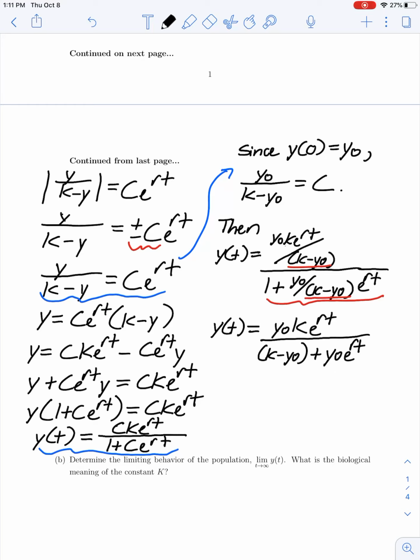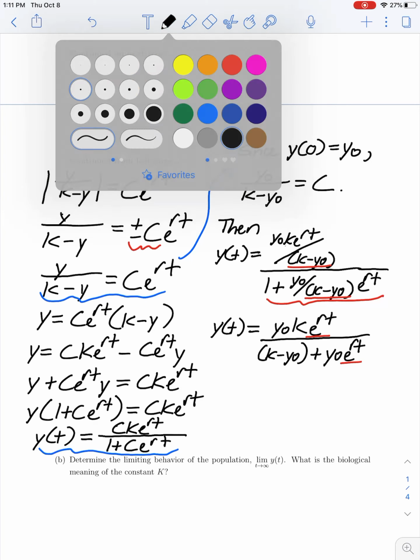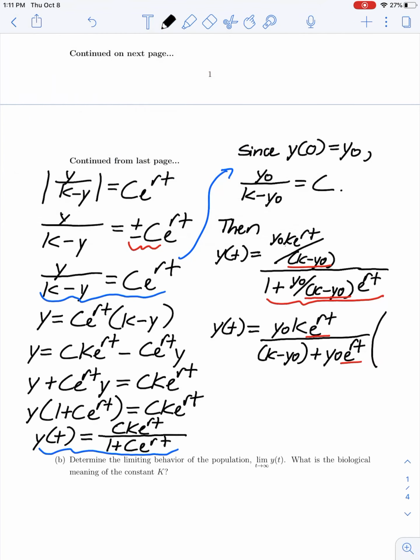And what you'll sometimes find people will do to simplify this expression a little bit further is the following. We notice that we have in the numerator and denominator expressions involving e to the rt power. So to simplify this a little bit, I could multiply the numerator and denominator through by e to the negative rt, or equivalently 1 over e to the rt.